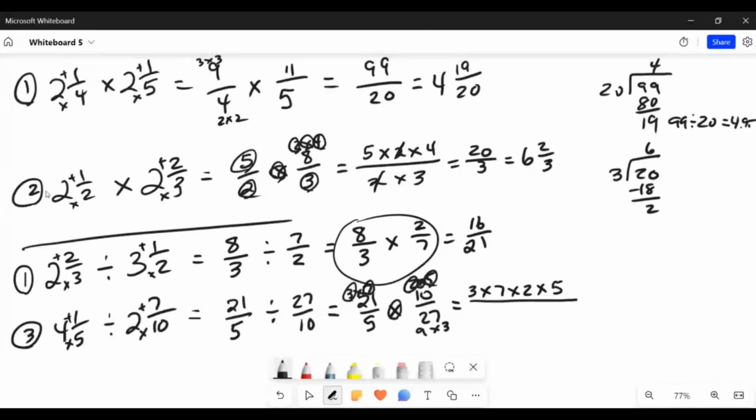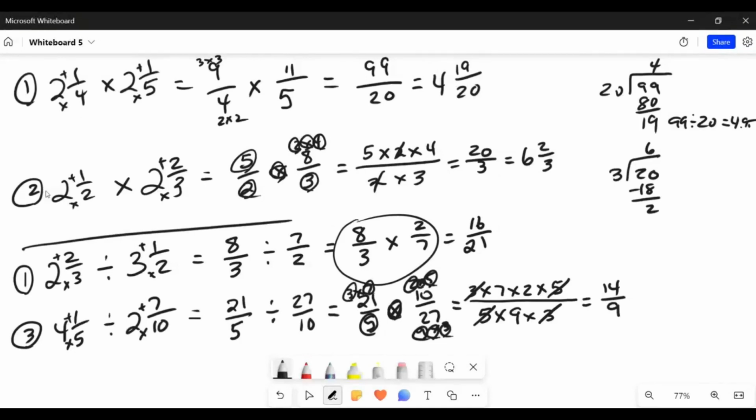Why take and multiply 21 times 10 and then 5 times 27 and then turn around and reduce out the common factor? Let's do it ahead of time. On the bottom, I have 5 times 9 times 3. So I can cross out the common factor of 5, the common factor of 3. On the top, I get 7 times 2 is 14 over 9.